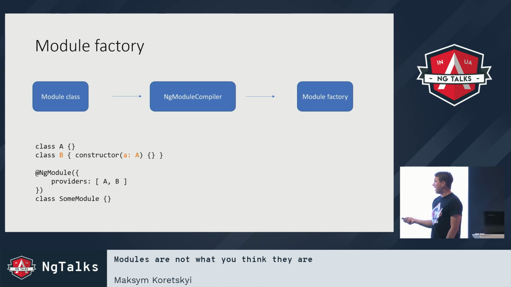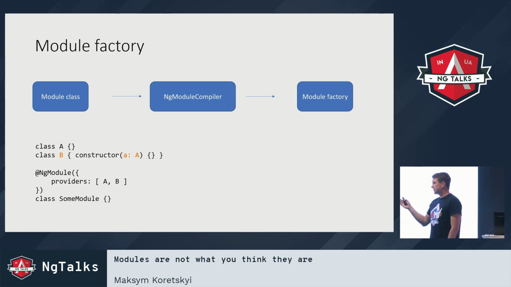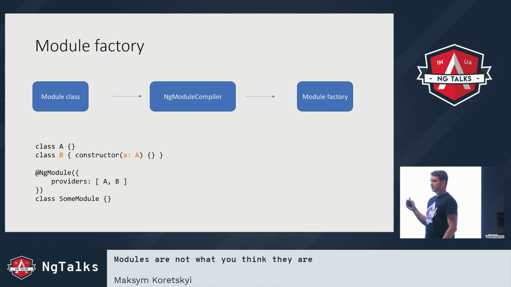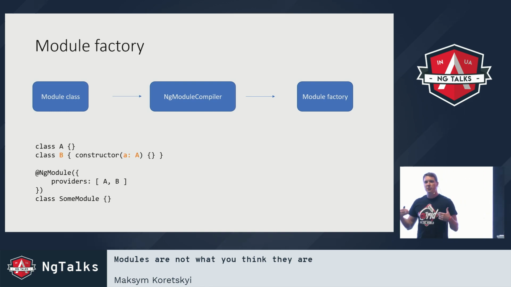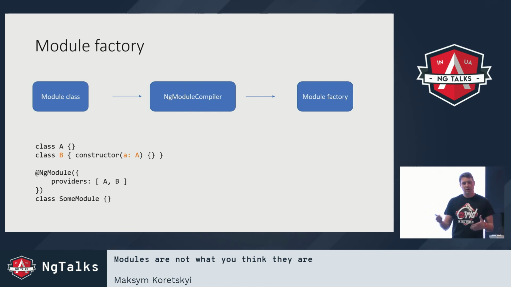For example, if you have two providers, A and B, and provider B specifies a dependency, it depends on the instance of A. So Angular needs to specify that whenever you request the B provider, it first has to create the A provider. It's a sort of metadata, a description that defines the order of instantiation.